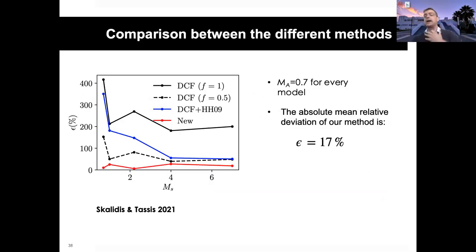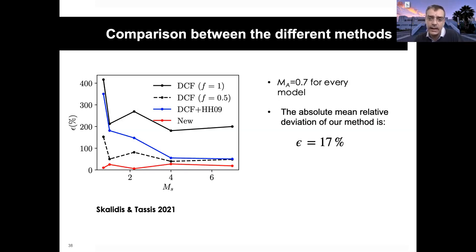Here is how our method compares against other methods when tested against simulated clouds made in MHD simulations. We used MHD simulations, consistent with observations subalfvénic, to create synthetic emission line and polarization data. And we applied the various methods and compared the relative difference of the estimated magnetic field that the method gives us from the actual value of the magnetic field in the simulation.